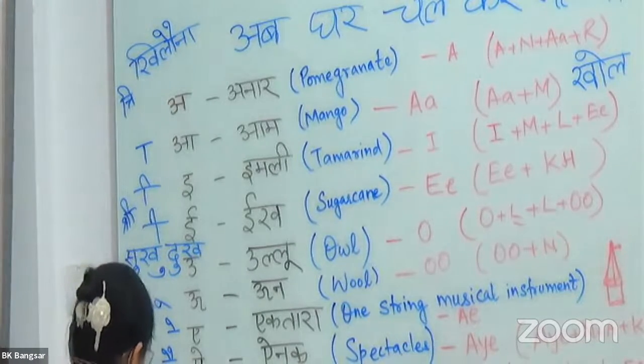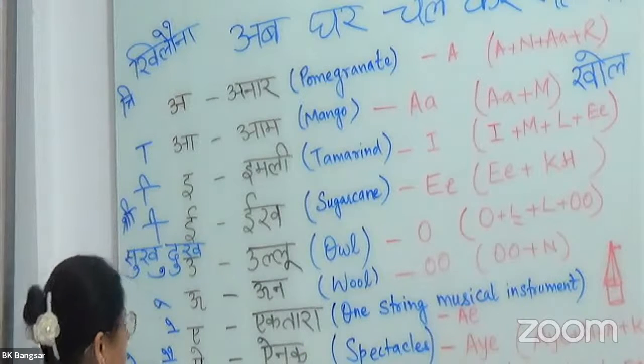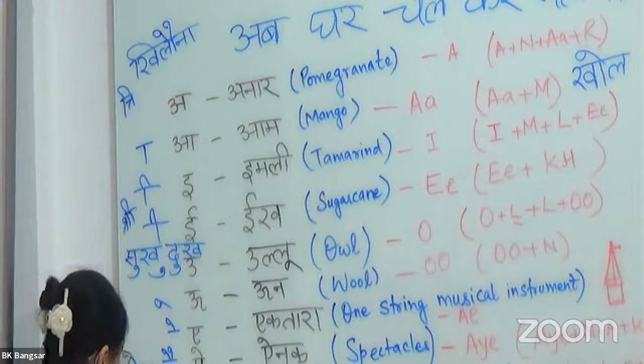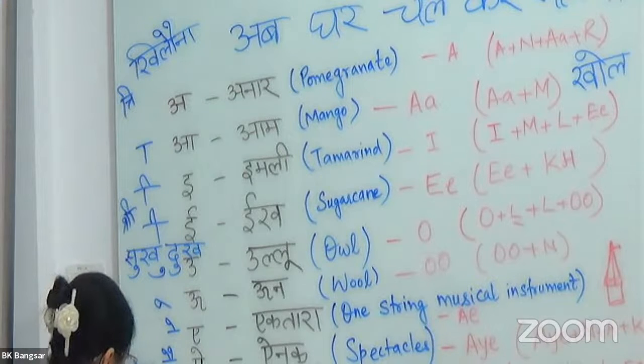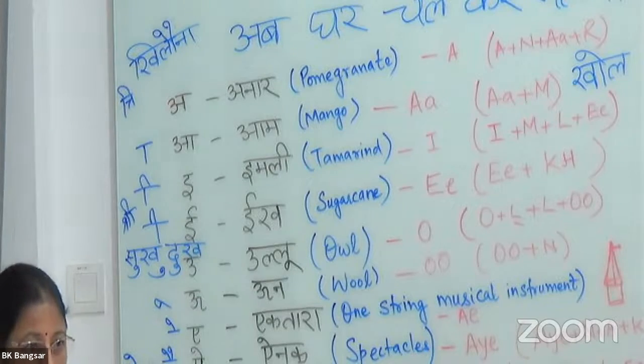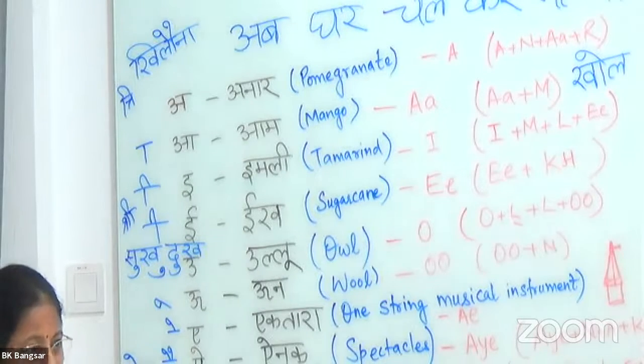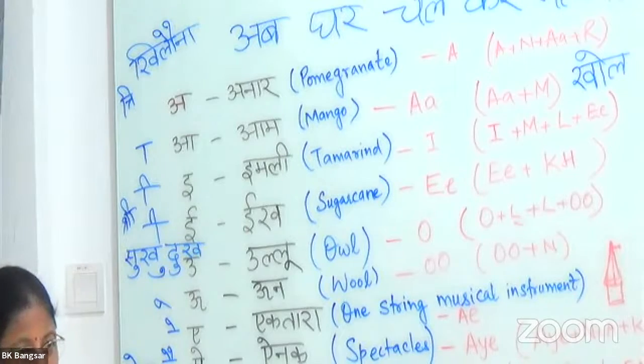Then the other one. Baba talks about swan a lot. Hans. आपकी बुद्धि, your intellect should be like swan intellect. So Hans.